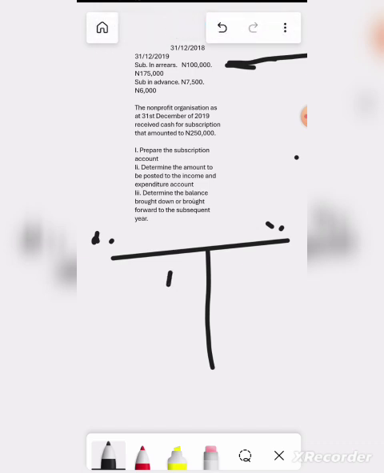We have our naira sign here. Okay, so let's have the naira sign there. So let me write this very well. CRD.